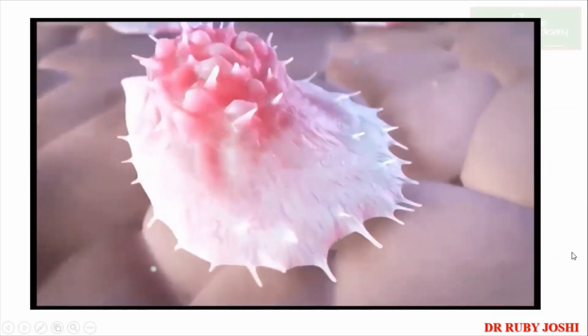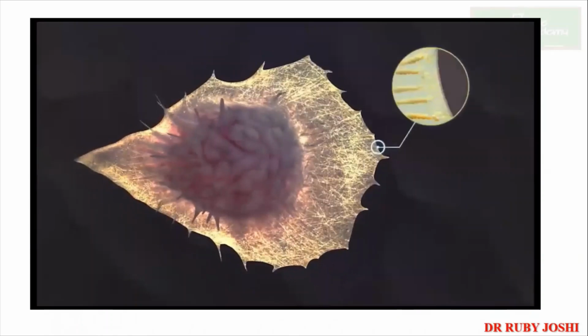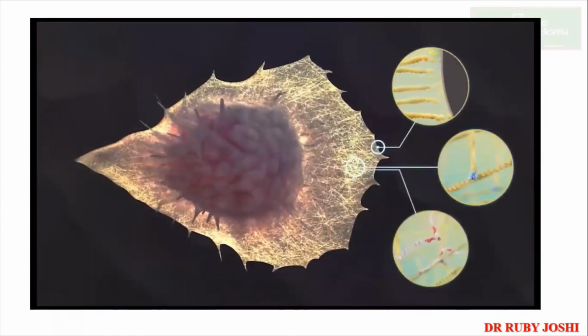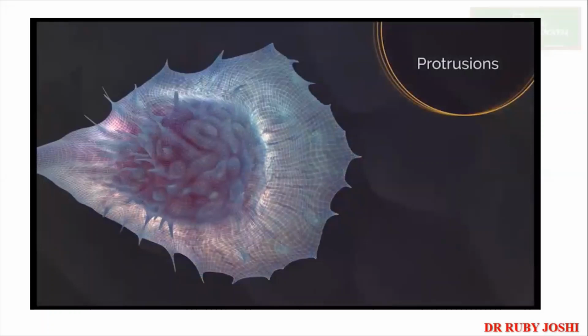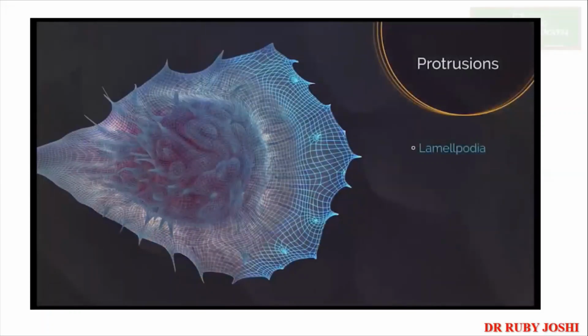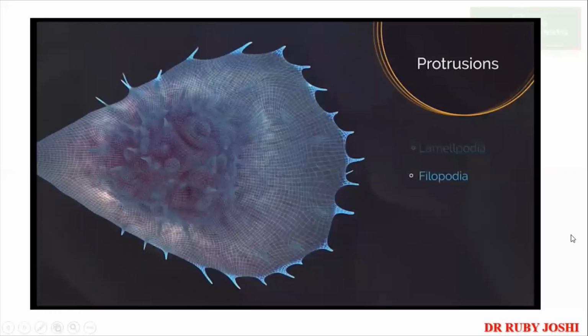At the leading edge of a moving cell, actin filaments are continuously treadmilling, branching off, and cross-linking. These activities push the plasma membrane, forming cell protrusions, such as wide, blunt projections called lamellopodia, and narrow, pointed projections called filopodia.